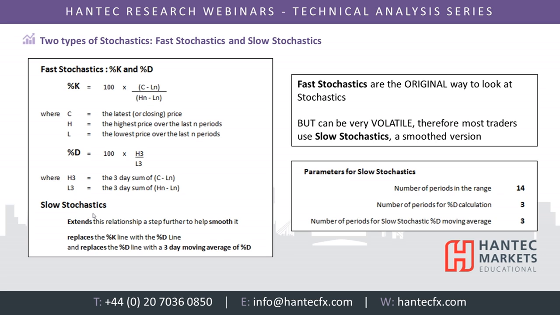So it removes a lot of the volatility out of the indicator and helps to smooth it and give you better signals. That's why a lot of people use slow stochastics. There is obviously the potential to change the parameters, as a lot of traders will use 14 days as their trading periods.